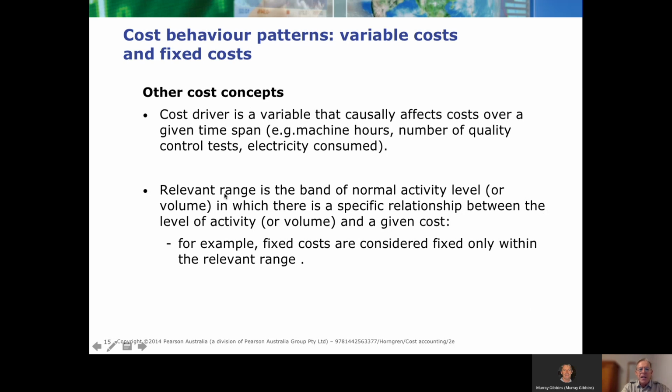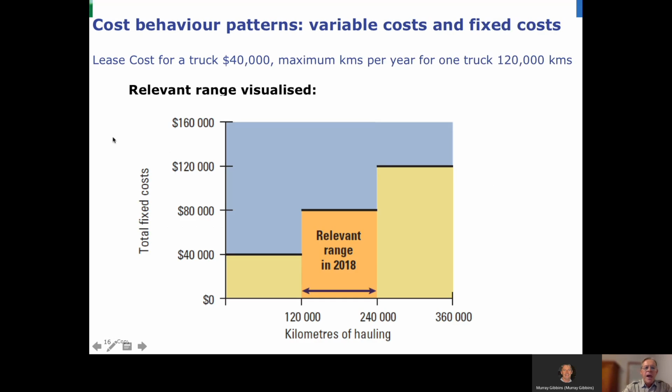And the relevant range is, when you see that term, it's talking about a given range. So for example, fixed costs will only stay constant or fixed within a relevant range. So the bus company, for example, and I think there's a graph coming up that will demonstrate this for us on the next slide. Yes, here it is. So we've got a lease cost for a truck.